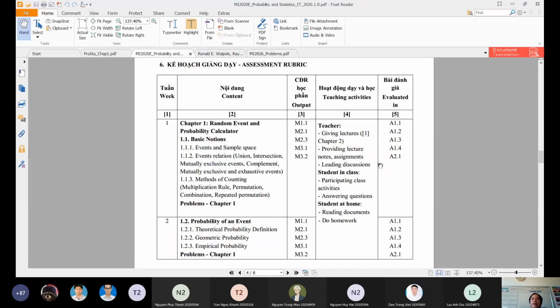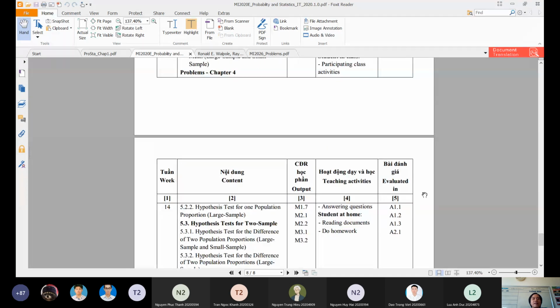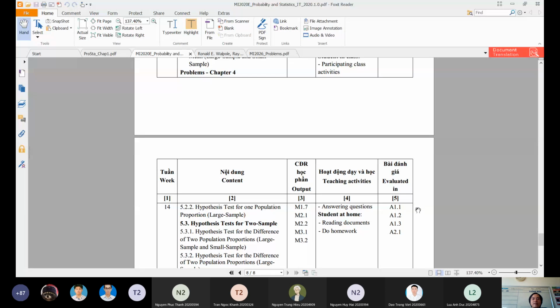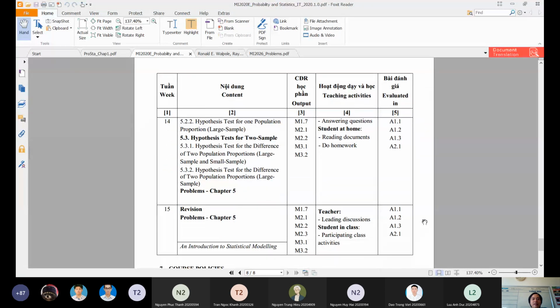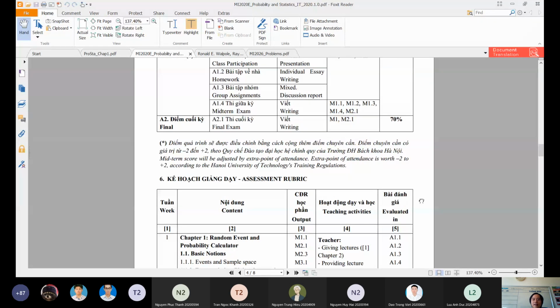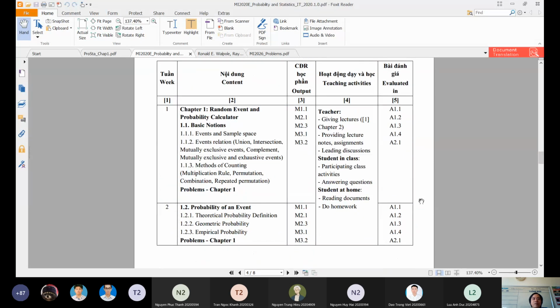So about the content of this course, we will cover 5 chapters, from chapter 1 to chapter 5. Okay. In chapter 1, we will introduce some basic notions of probability and some techniques to count. We can say counting techniques. That's the content of chapter 1.